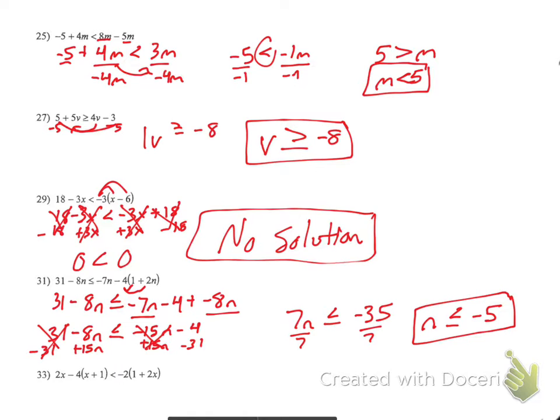All right, and this last one, I'm running out of room, but I'll try my best. So I'm going to distribute this, so I'll get 2x minus 4x minus 4 is less than negative 2 plus a negative 4x. Again, I can combine like terms on the left-hand side.